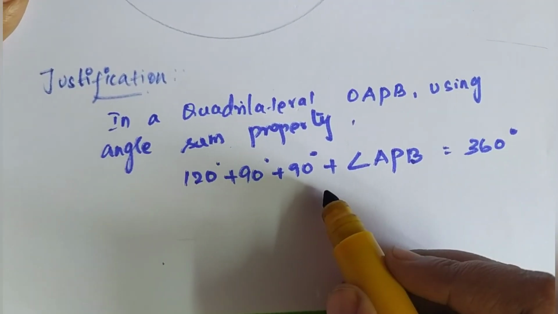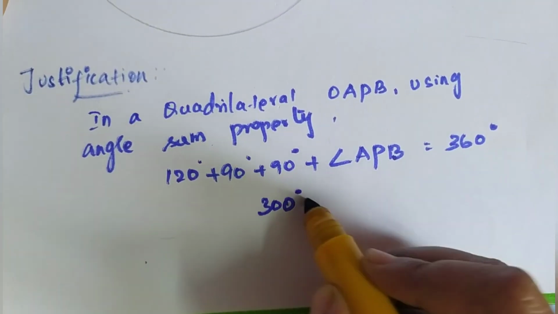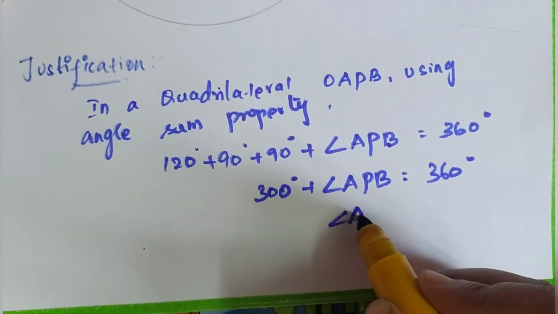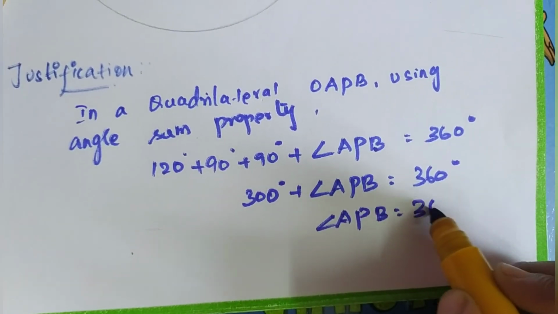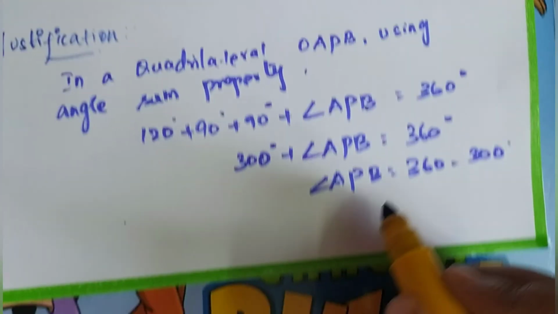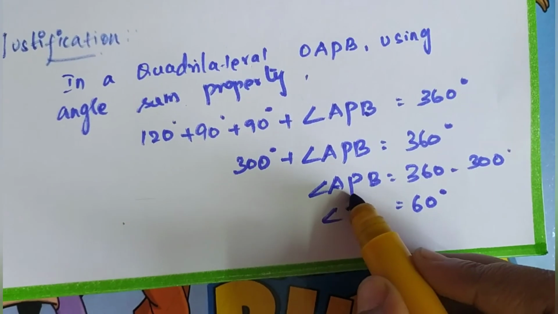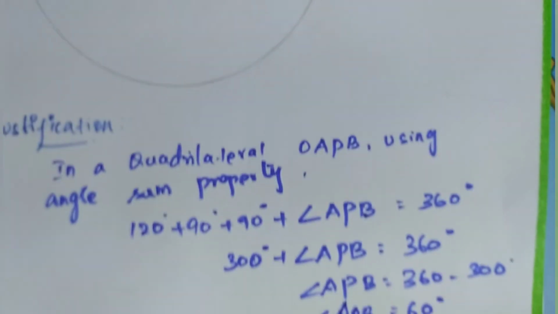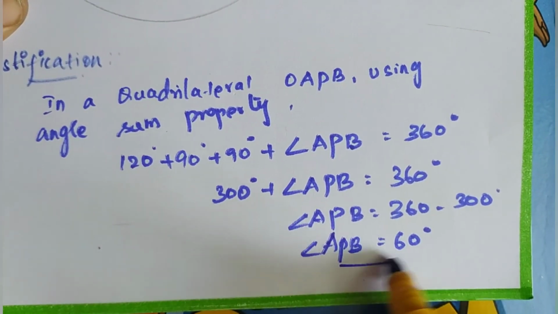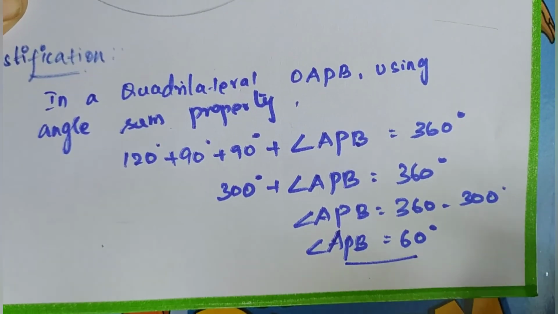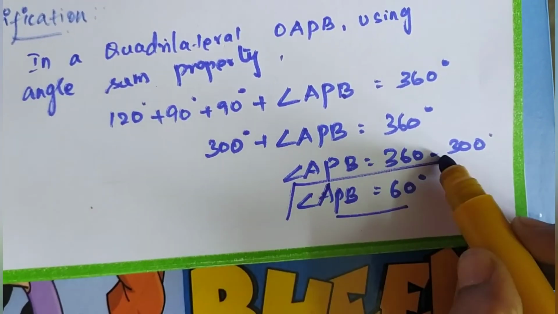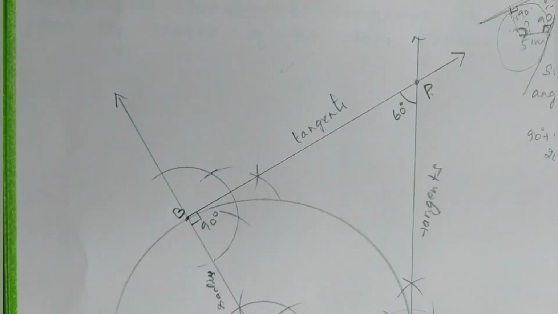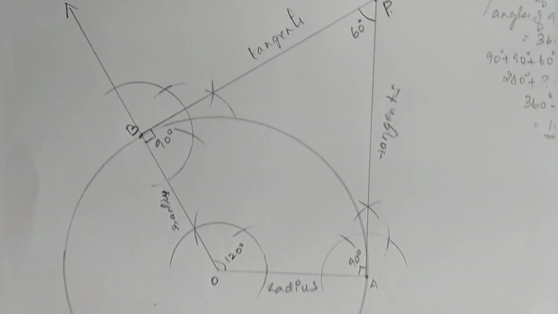If we add this, we get 300 plus angle APB is equal to 360 degree. Angle APB is equal to 360 minus 300, which is 60 degree. In the question they said the inclined angle must be 60 degree, and that only we proved: angle APB is equal to 60 degree. We have drawn the inclined angle with 60 degree. Clear? This is a very important problem. Thank you.